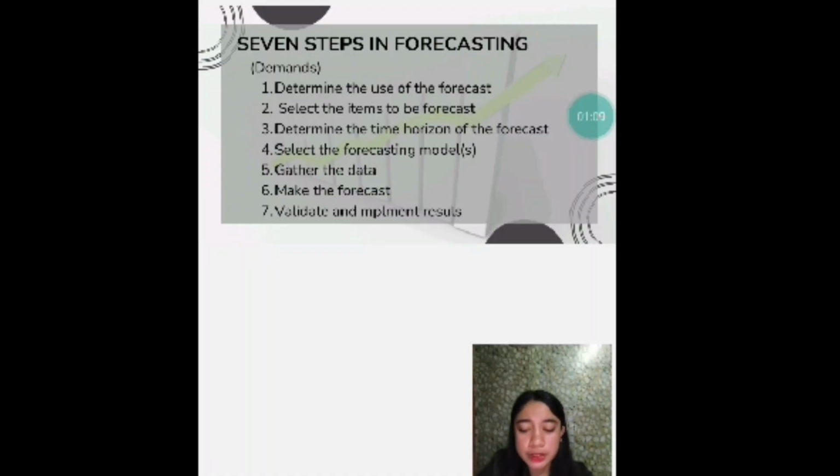So the fourth is select the forecasting models, or choose the prediction tool you will use. For example, if you have a lot of historical data with clear patterns, you might pick a math-based model like a moving average. If it is a new product with no history, you might use expert opinions or a qualitative model.